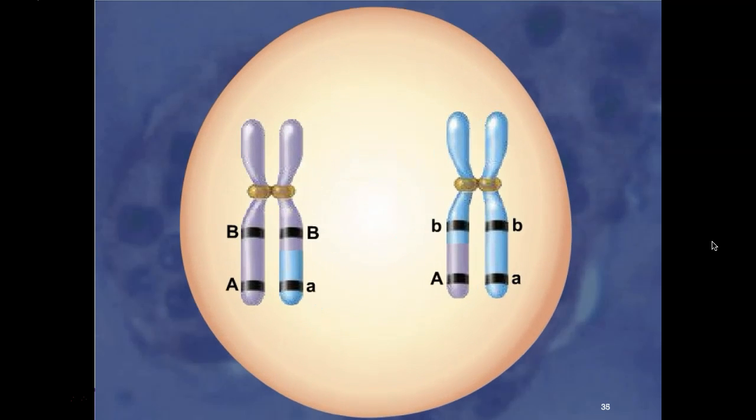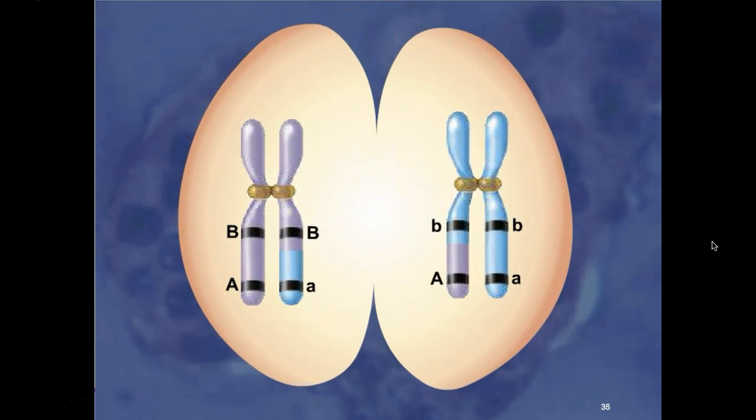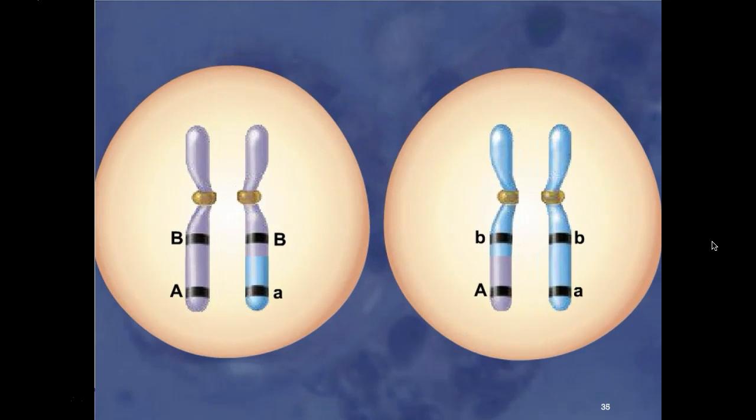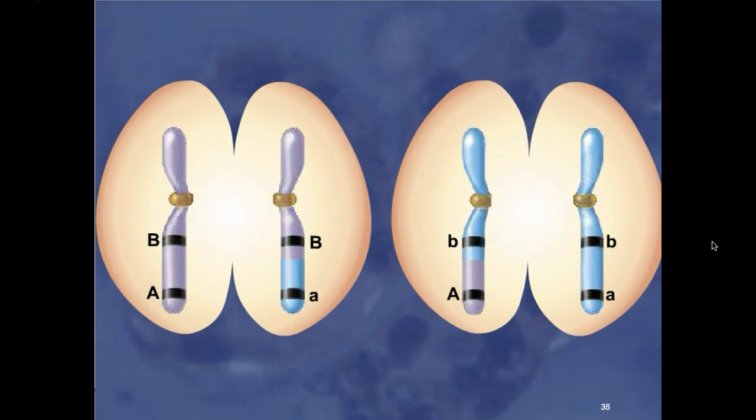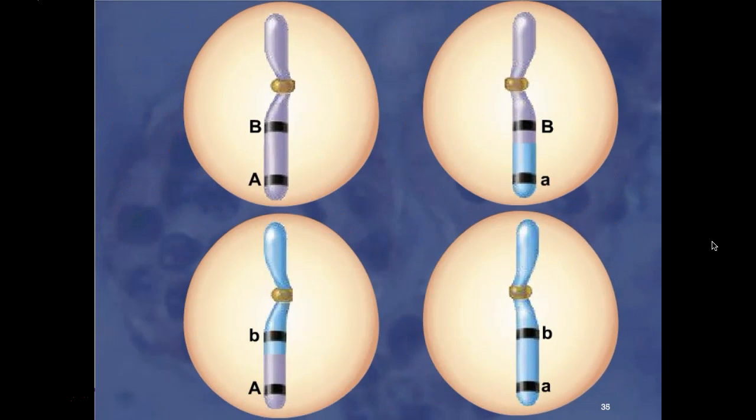Since the crossing over is only between 2 individual chromatids, the possible haploid cells after meiosis have 4 different genetic combinations. 2 will come from the chromatids that did not participate in crossing over, and will still have the parental combination of alleles, either uppercase A and uppercase B, or lowercase a and lowercase b. The other 2 will be recombinant, with either uppercase A and lowercase b, or lowercase a and uppercase b alleles. Thus, crossing over shuffles the alleles and brings about genetic recombination in the gametes.